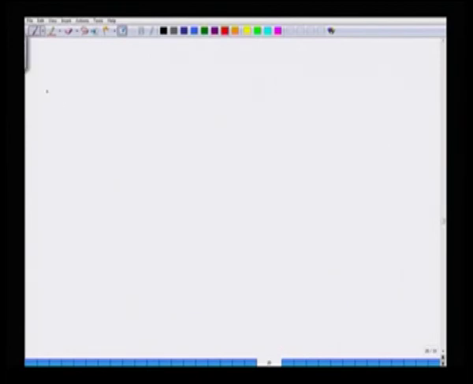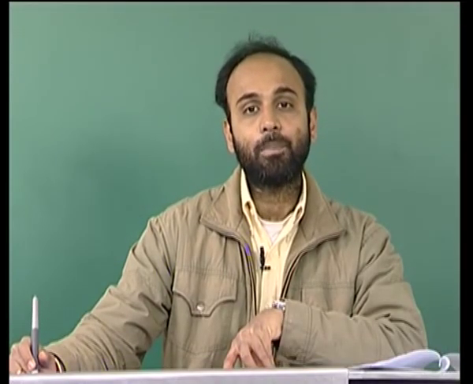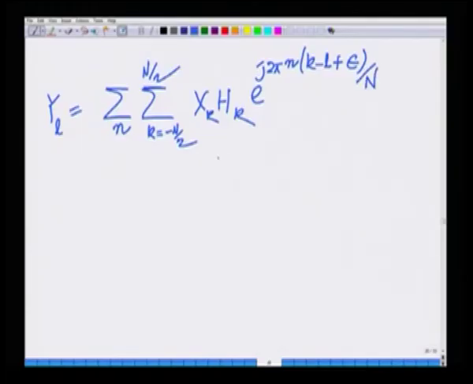This can be simplified by substituting y_n as the summation over k from -N/2 to N/2 of X_k H_k e^(j2πn(k-L+ε)/N), plus of course the noise term. Earlier, remember, we only had k minus L. Now, because of the frequency offset, we have the factor k minus L plus another factor epsilon.